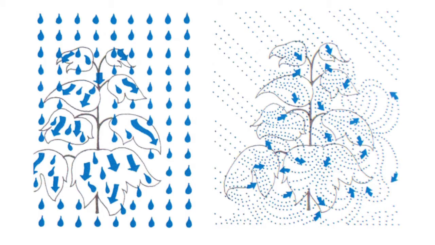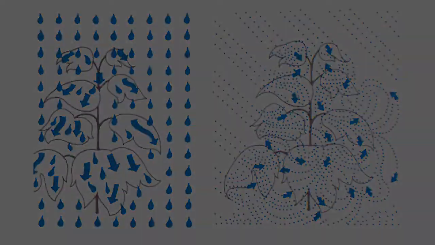If you stand under a tree, you'll be dry for a while because those drops are landing on the crown of the tree, and only when the tree gets completely saturated do they start dripping through. On the other hand, if it's a misty day with a very fine drizzle, you're not going to keep yourself dry under the tree because that fine mist, that drizzle, is going to go everywhere. It's very similar on a smaller scale to what's going on inside the plant canopy.